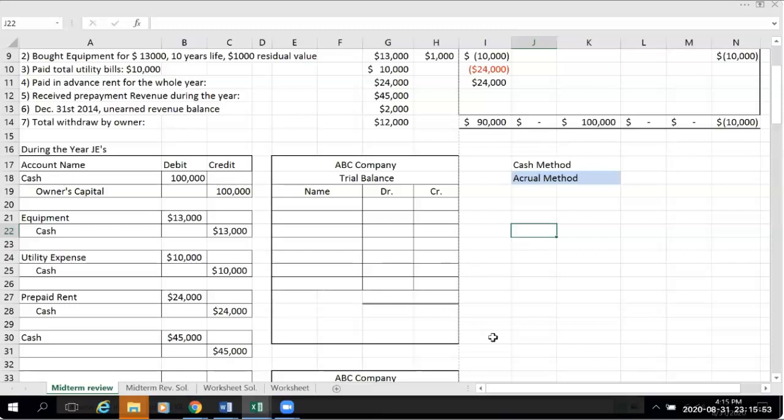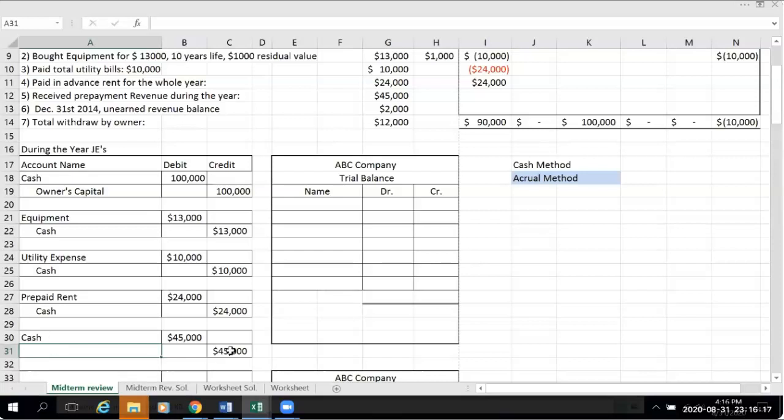So you will recognize $1 million of revenue. It doesn't matter whether you received that $1 million or not. It will become accounts receivable, but you recognize it. Make sense? Percentage of completion for contractors. Okay, so here we go.